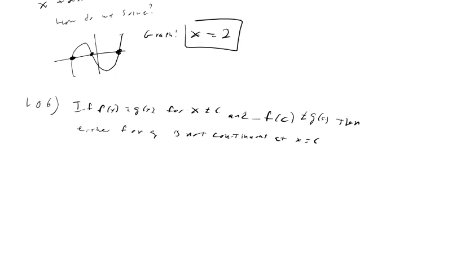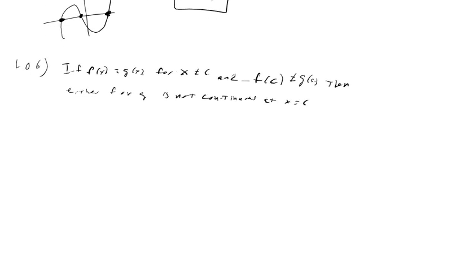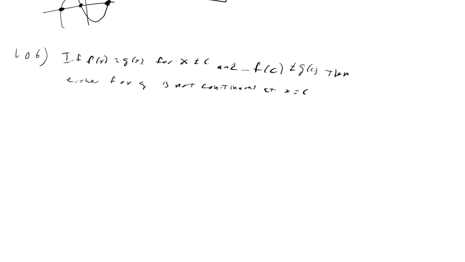So that's what this is saying. If f of x equals g of x for all numbers that are not c. So let's break this down piece by piece. What does this first part mean? If f of x equals g of x for all the numbers where x is not equal to c.